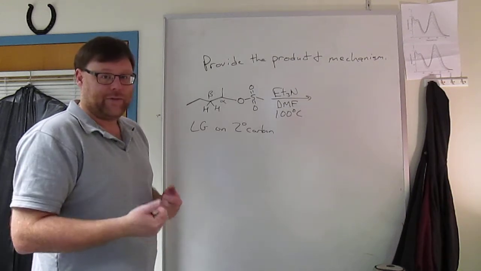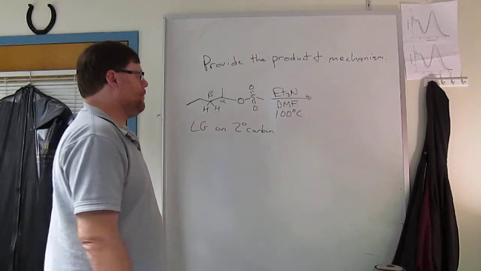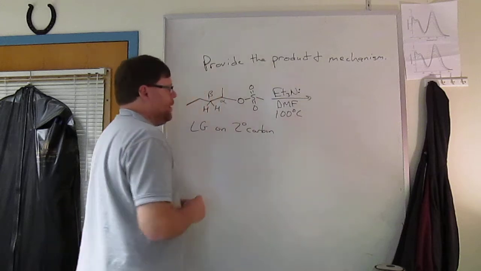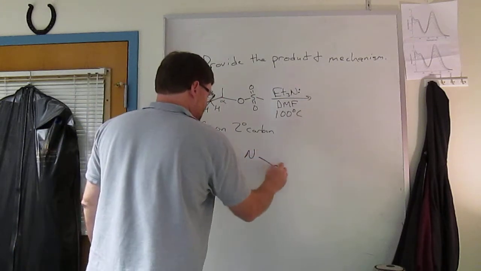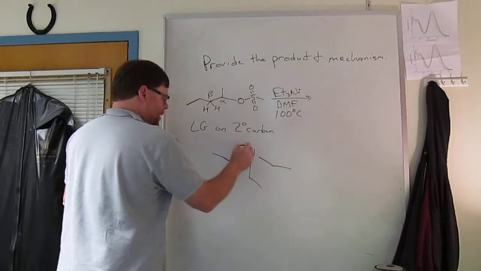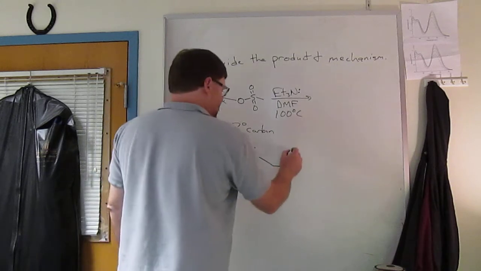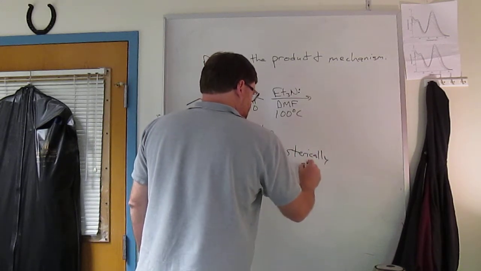Do you have a good base, a good nucleophile, or a strong base? Triethylamine, right? You should think about this like ammonia. And so triethylamine, it turns out, is a pretty strong base. It's a nitrogen with a couple of ethyl groups, so it's a strong base, and it's a sterically hindered strong base.